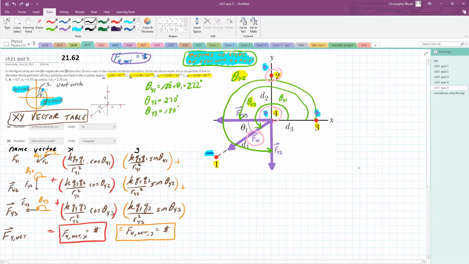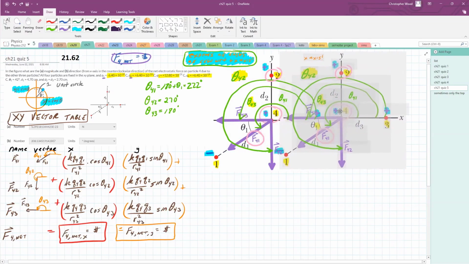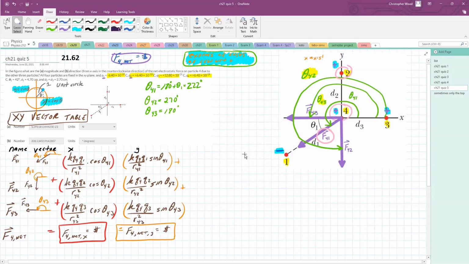Let me move some things out of the way. I'm going to move all of this stuff over here a bit. Okay. Number one, let's add up all x components. If I add up all x components, this is what I get. Brace yourself.